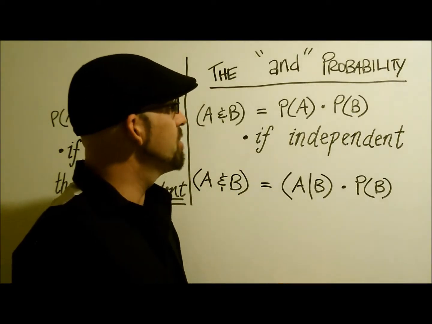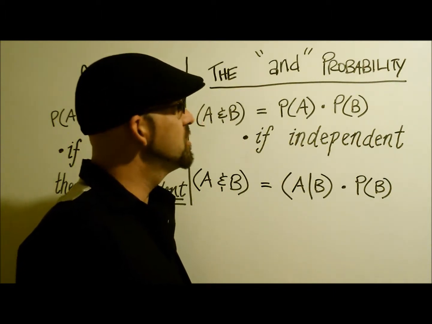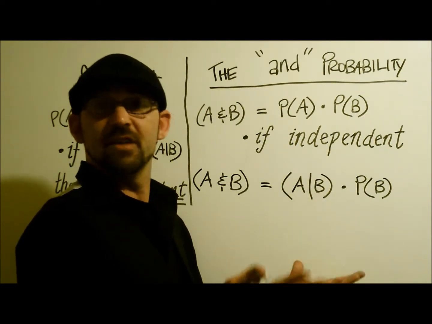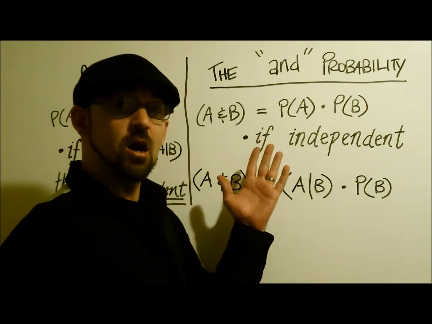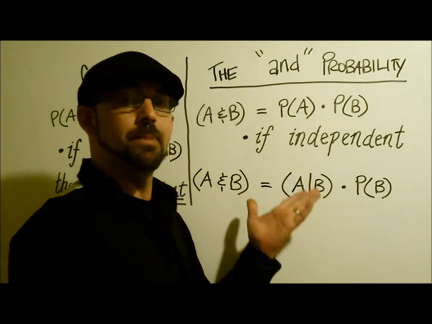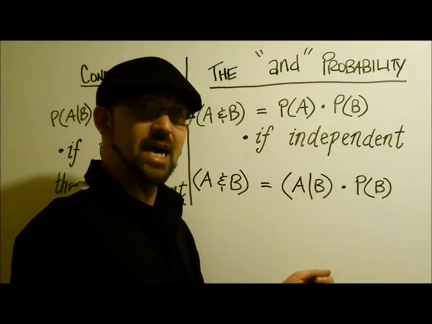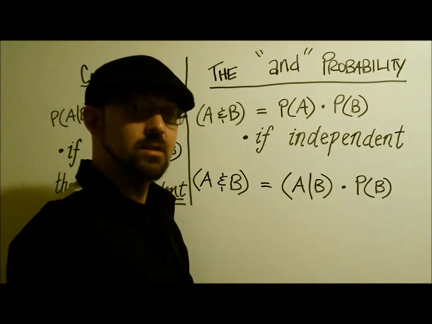So here's the and probability. There are two different conditions that we can use to figure out what our and is if we don't see our intersection in a Venn diagram. Well, if the two events are independent, they don't depend on each other, like rolling one dice and rolling the second dice, those are independent.